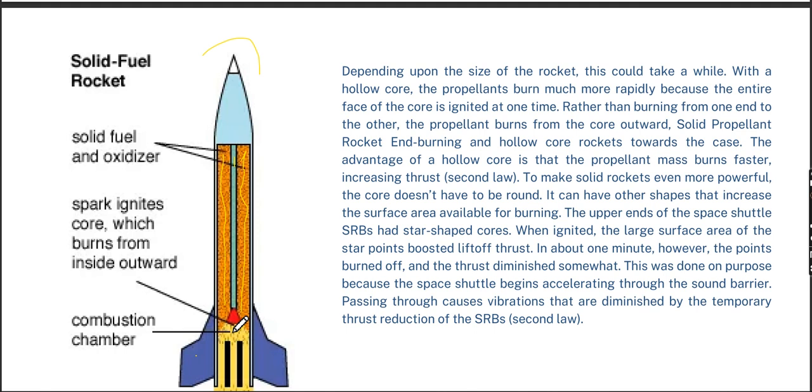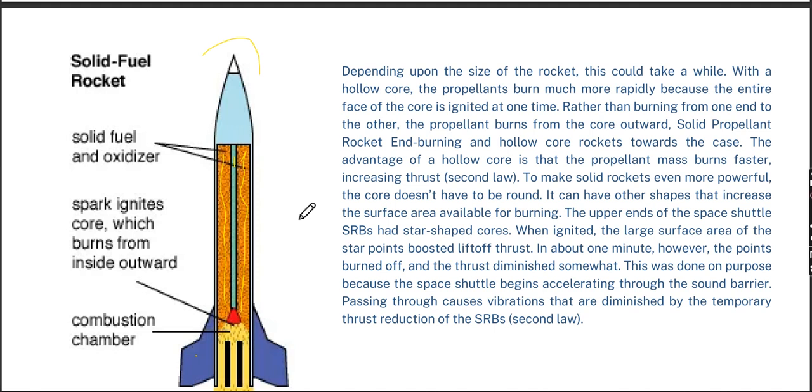To make solid rockets even more powerful, the core doesn't have to be round. It can have other shapes that increase the surface area available for burning. The upper end of the space shuttle SRBs had a star-shaped core. When ignited, the large surface area of the star provided booster liftoff thrust.